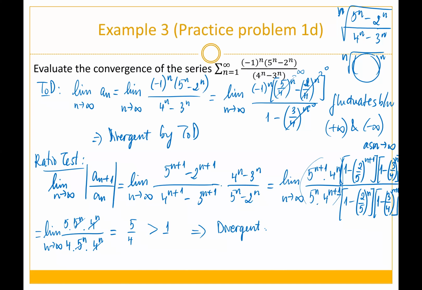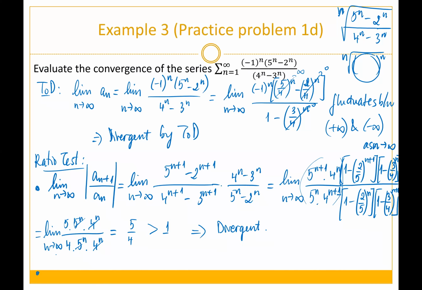Now, as I said, when you're given an alternating series and you use the ratio test and it gives you divergent, the next step is to see if it satisfies the premise of the alternating series test, and if it does, you're going to be able to prove whether it's convergent or conditionally convergent.